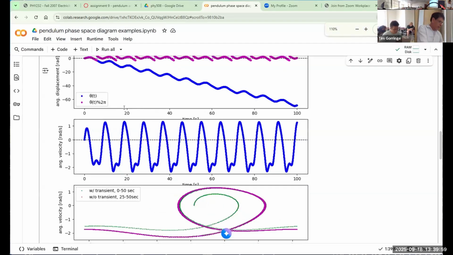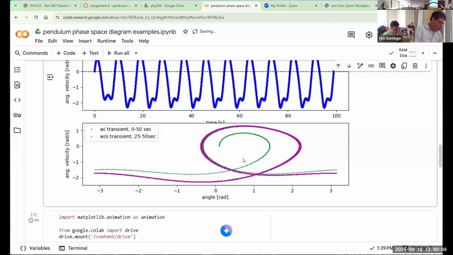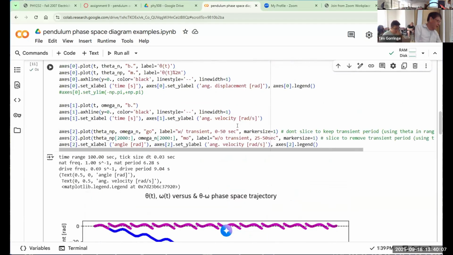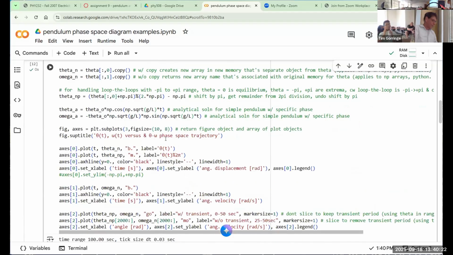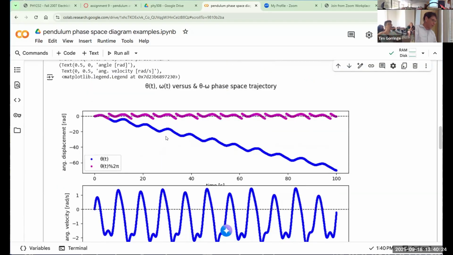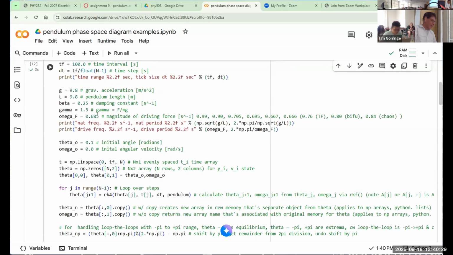I want to make this a bit larger. I was hoping this one was going to be the bifurcation. I think maybe I got this number wrong. We have 0.667.